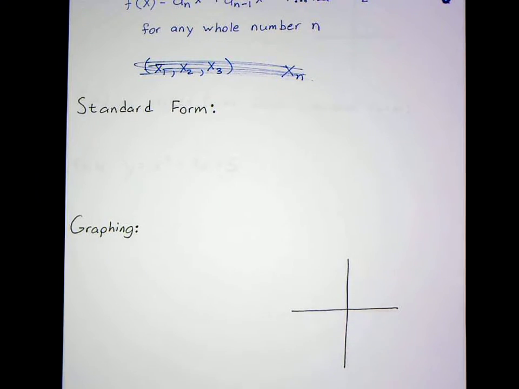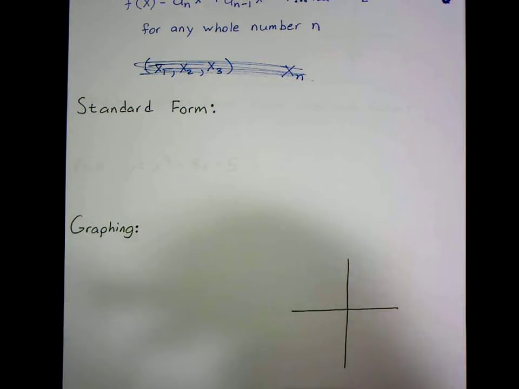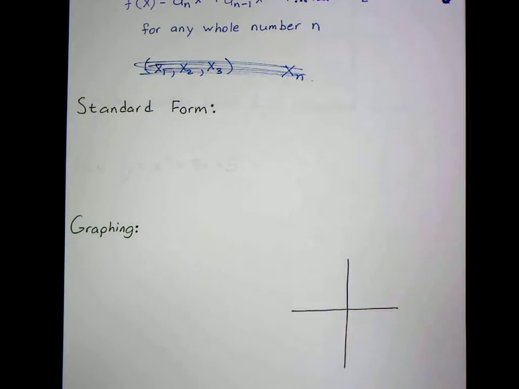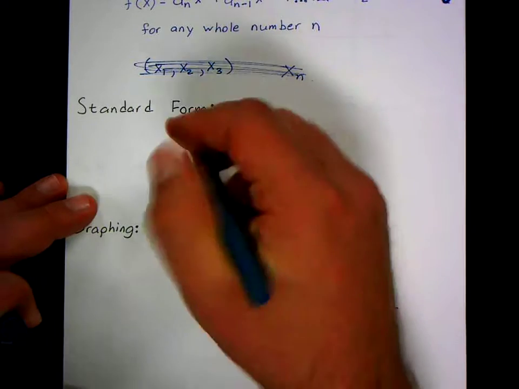Whenever they're talking about this equation I'm giving you for standard form, they don't even give it a name, which I don't even know why they do it. So in every book I've ever seen, what we consider to be standard form for a polynomial is this.